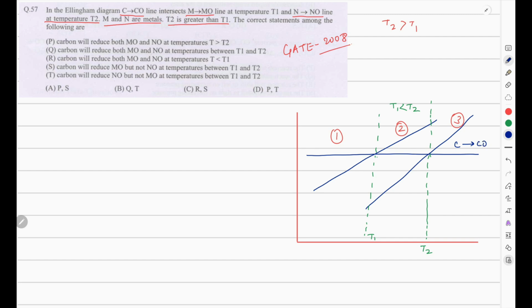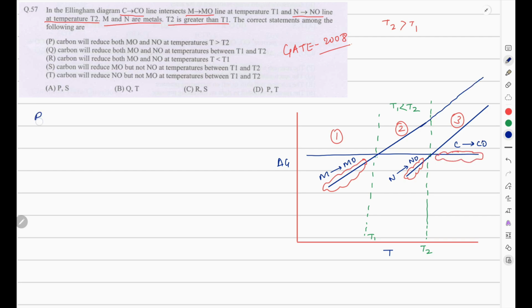C giving to CO. For region 1, this region is more stable. For region 2 this is most stable, and for region 3 this is most stable. That is, for temperature less than T1, MO is most stable.